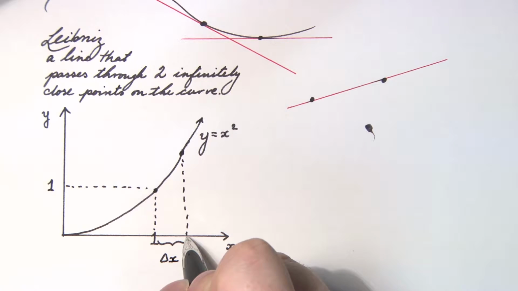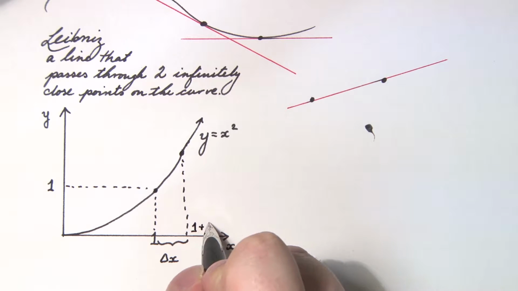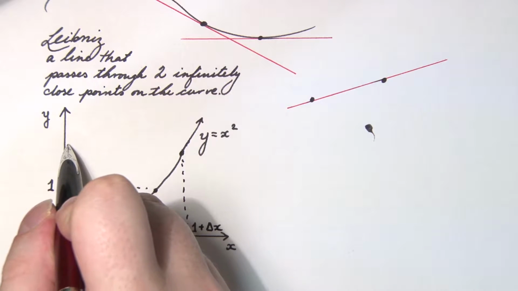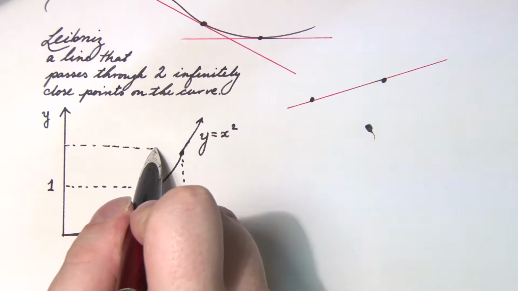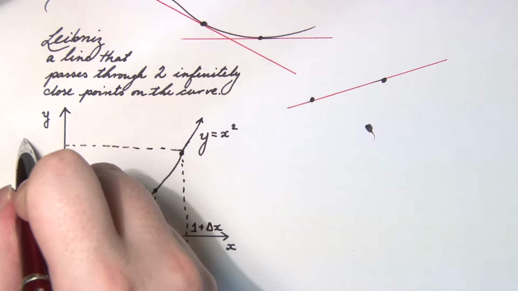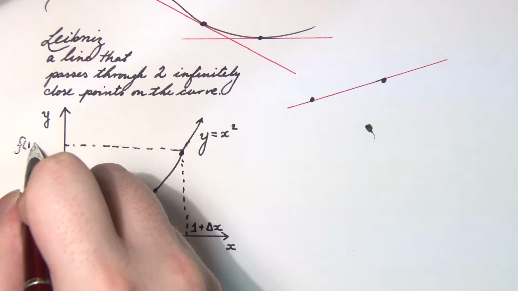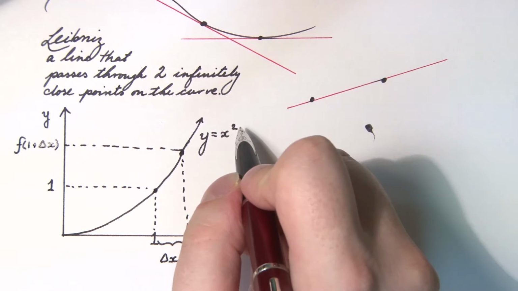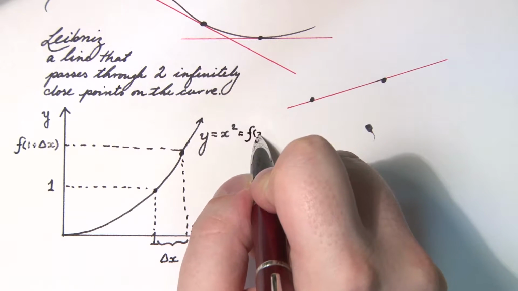And what we'll say then, this point here on the x-axis is 1 plus delta x, which then means the value here is f of 1 plus delta x. And in this case, this is our function.